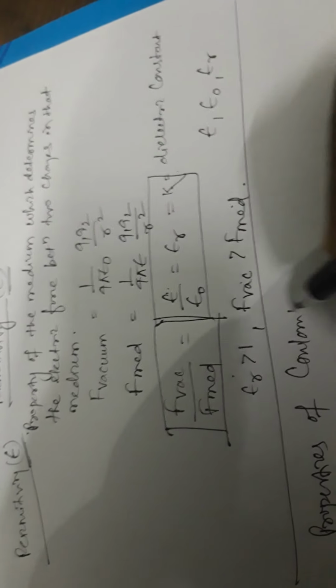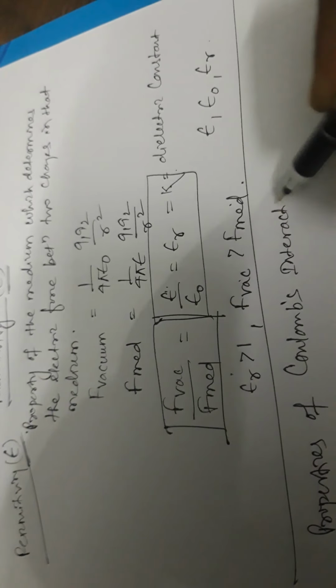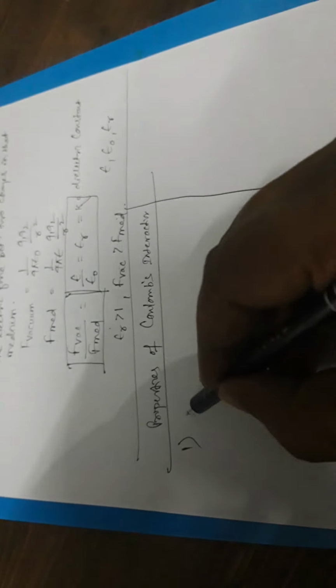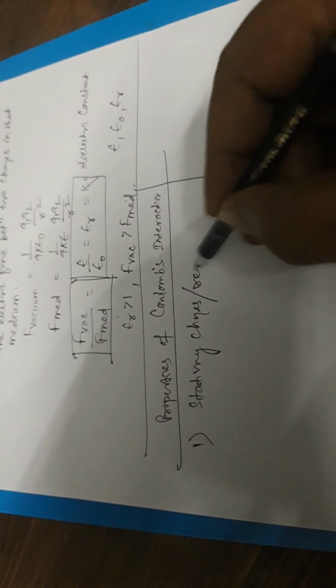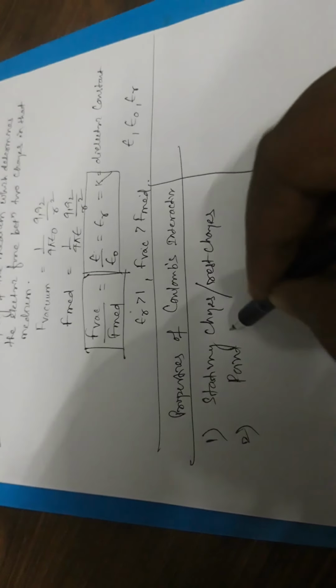Now we'll go to the properties of Coulomb's interaction. First of all, Coulomb's law is applicable to stationary charges or charges at rest, and it is applicable for point charges.